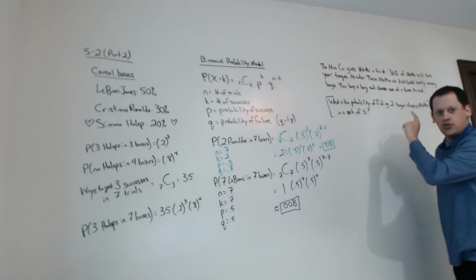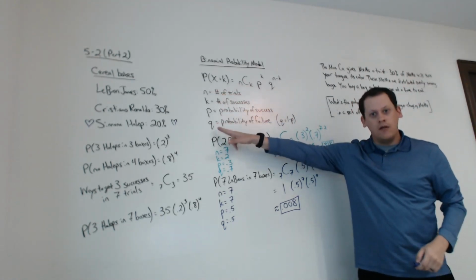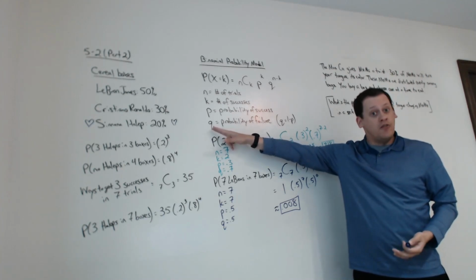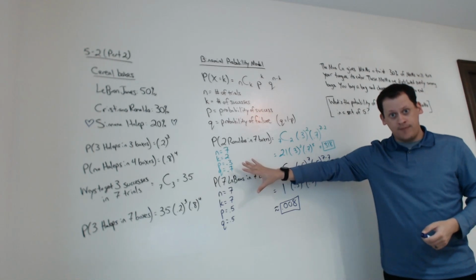Using the information you have, see if you can come up with these 4 things. If you can, this problem is no different than the ones you just did. Okay?